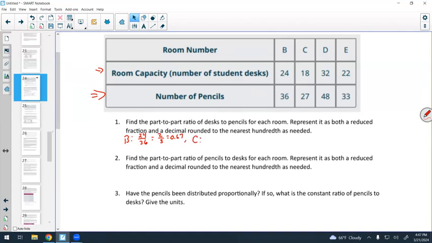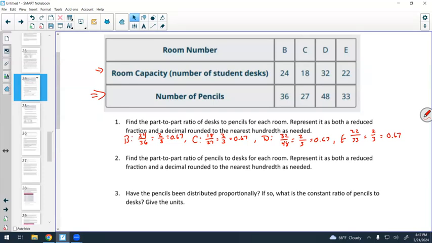In room C, we have 18 to 27, which will also be 2/3, or 0.67. In room D, we have 32 to 48, which would also be reduced to 2/3, or 0.67. And in room E, we have 22 to 33, which is also 2/3, or 0.67. So the ratio is the same.